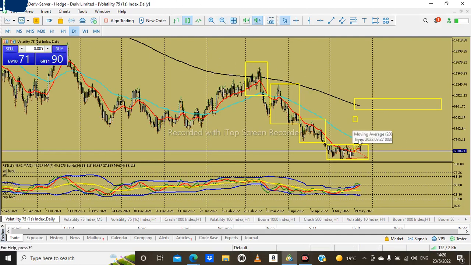I'd anticipated a buy on V75 ones up to the 200 EMA. I was hoping that price would go up there.